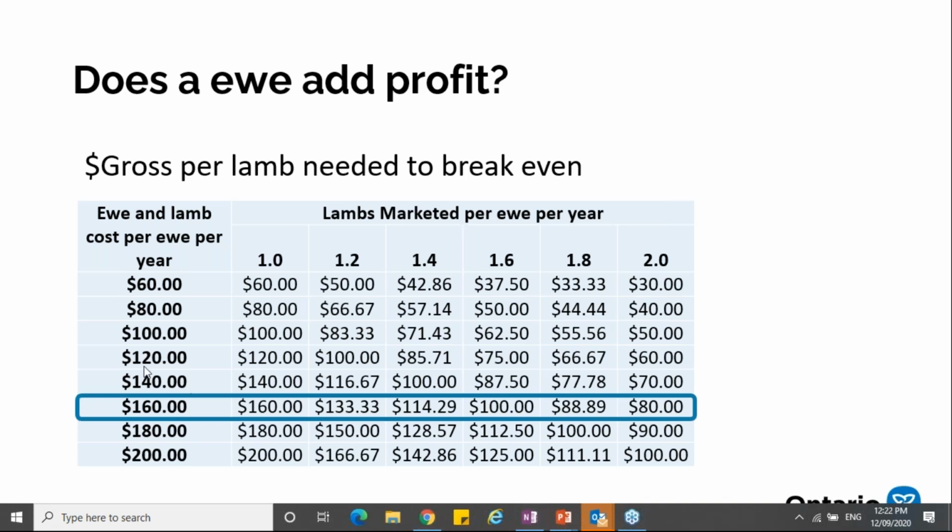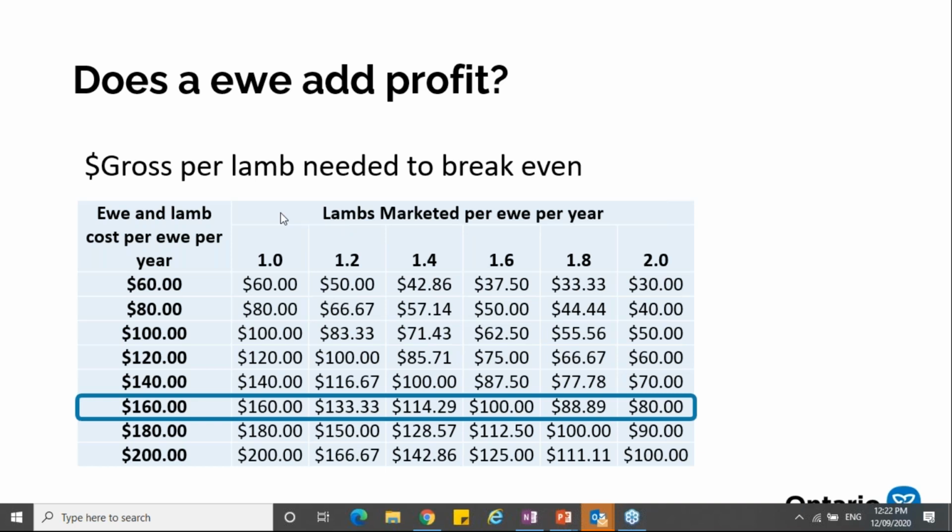This cost would include everything associated with the ewe and the lambs, including variable expenses, and your capital costs could be in there as well. That gives you an overall cost per ewe per year in your operation. Then we've got lambs marketed per ewe per year.